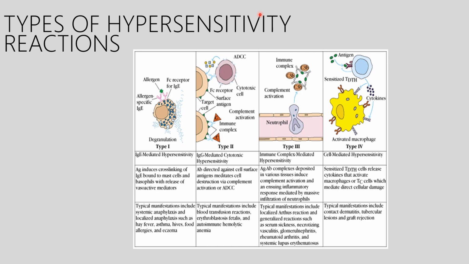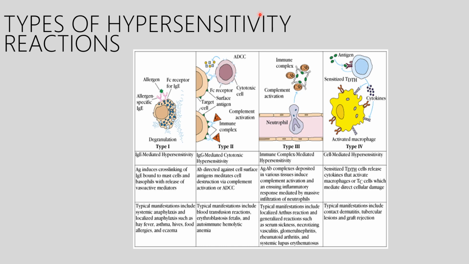So again, as an overview, in type 1 reactions, there is a cell-bound antibody that will react to an antigen to release physiologically active substances. In type 2 reactions, free antibody reacts with antigen that is associated with cell surfaces. In type 3 hypersensitivity, the antibody reacts with a soluble antigen and they form complexes that precipitate in the tissues.